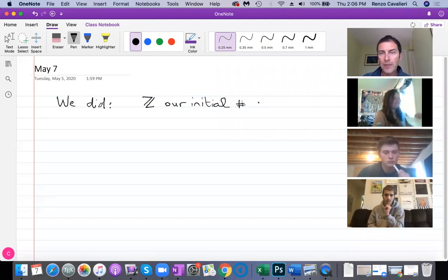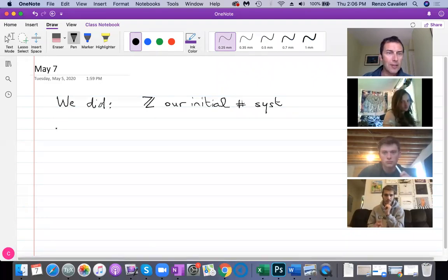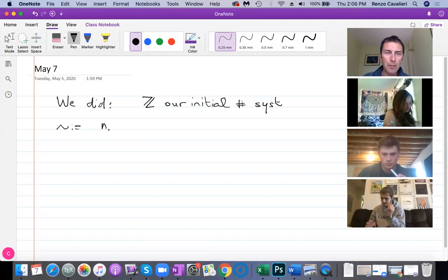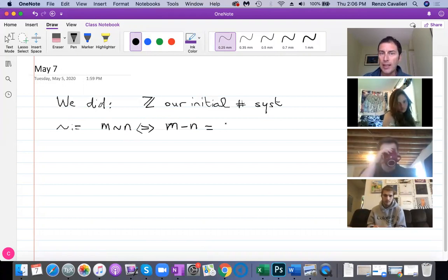We had an equivalence relation defined as two integers m and n are equivalent if and only if their difference is a multiple of 9, that is 9k.